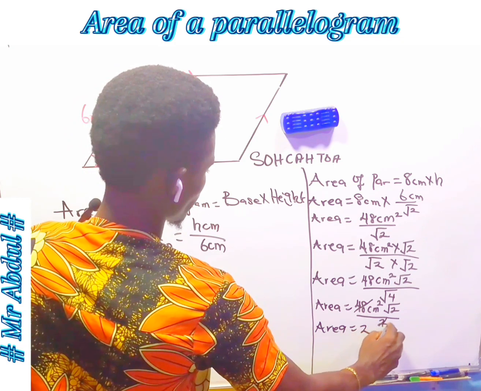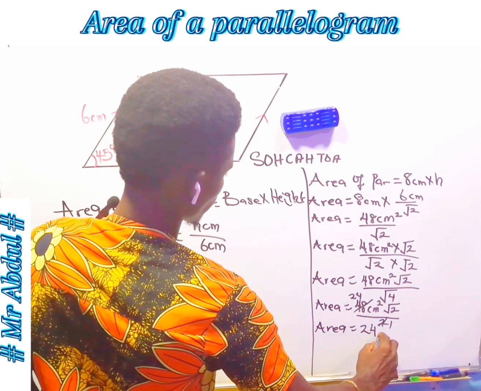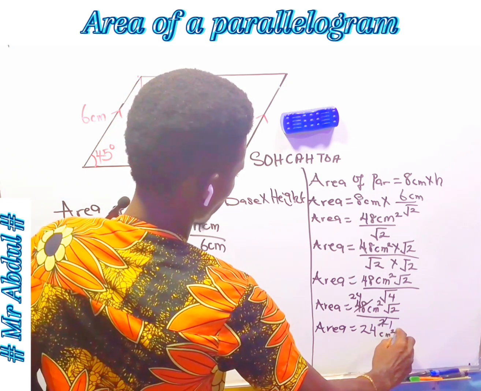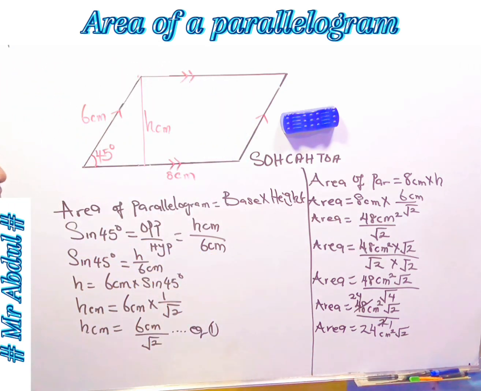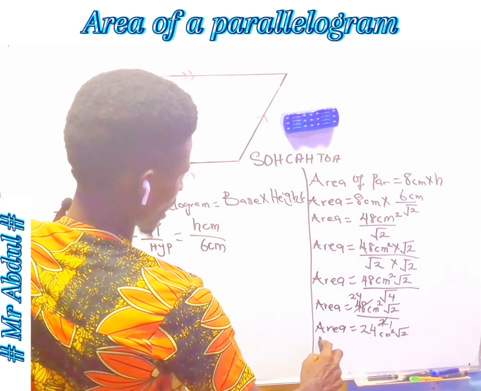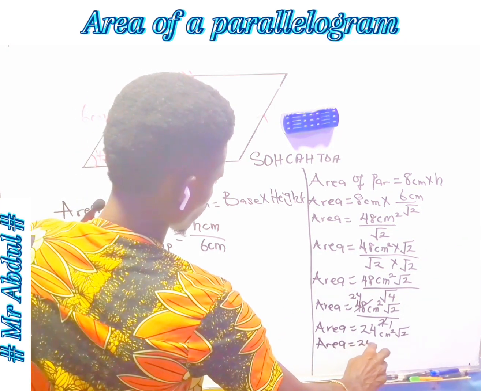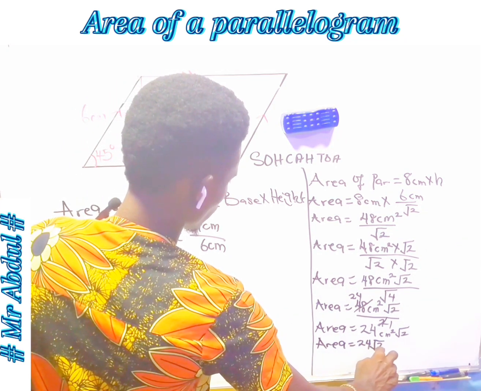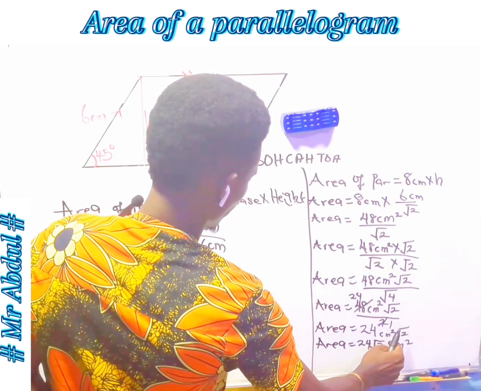So we'll have here 1, here 24. We'll have 24 cm square root 2 over 1, which is the same thing as 24 cm square root 2. Now 24 cm square root 2 can simply be written as 24 root 2 centimeter square.